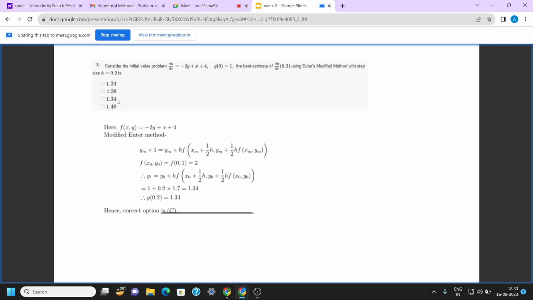So the correct option is 3, C. Just check your calculations and the formula. You just have to substitute the values in the formula and you'll get the answer.